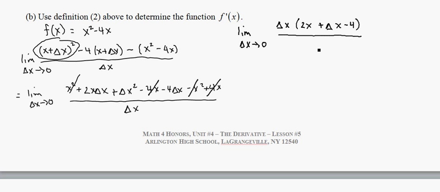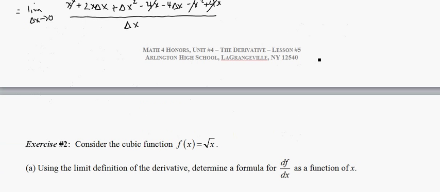Factor the delta x out of the numerator. I have that delta x in the denominator. They cancel. Don't forget to let this delta x go to 0, and you now have the derivative function, 2x minus 4. I think I'll do the next one with h, just so that you see one done that way. But remember, that function now gives us the slope of the tangent line at any value of x.